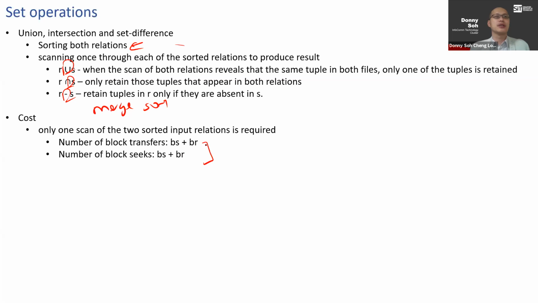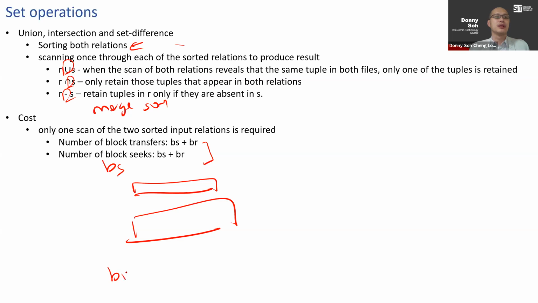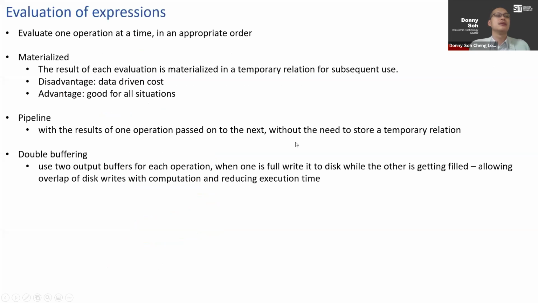We just look at the block transfers, and this is quite clear because we have the number of blocks in BS and the number of blocks in BR, so this is typically just the number of blocks in both of the tables added together. Okay, let's look at the next slide.